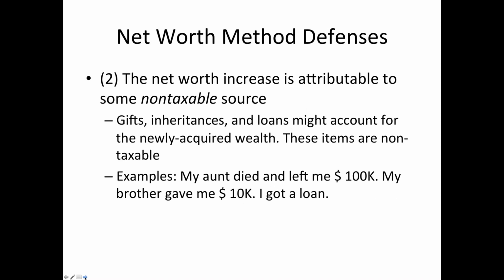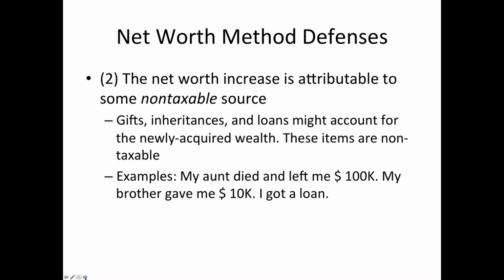All right. The net worth increase is attributable to some non-taxable source. Now, as you're all aware, there are a number of items in the code that are non-taxable sources. We have gifts, inheritances, loans that might account for the newly acquired wealth. These items are non-taxable.